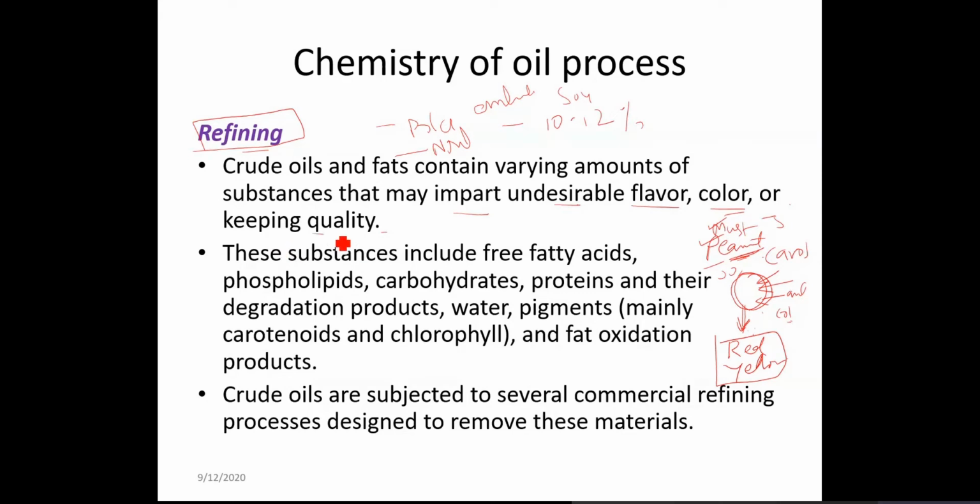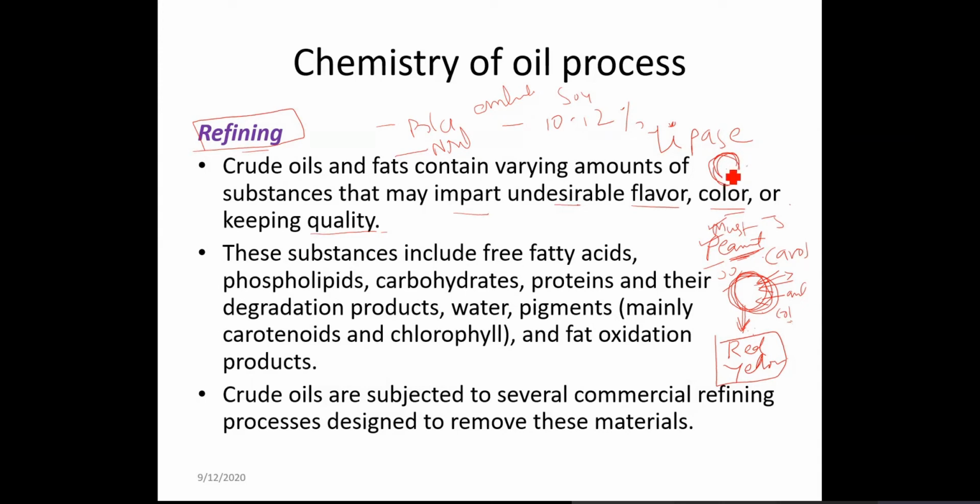So these flavors and colors are undesirable. And what do we mean by keeping quality? When you have a seed, you also have natural enzymes present in the seed, and those enzymes are lipases. When the seed is in intact condition, no problem, the fat is in the cells of these seeds.